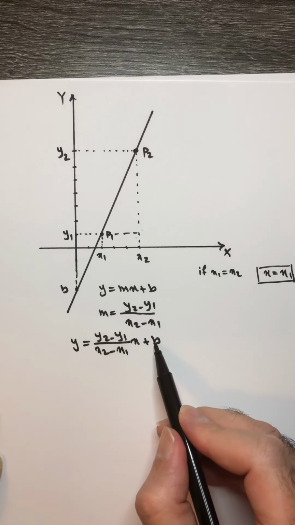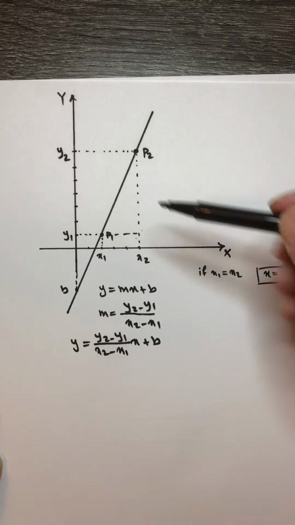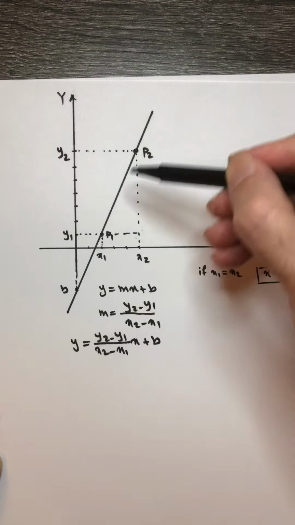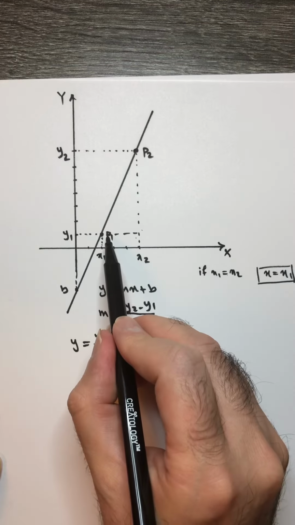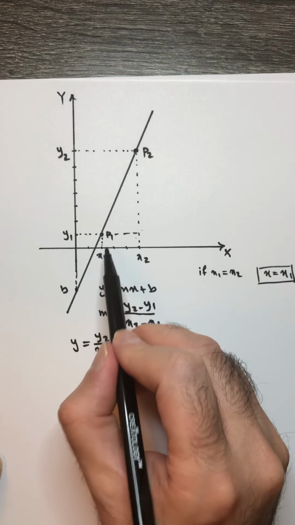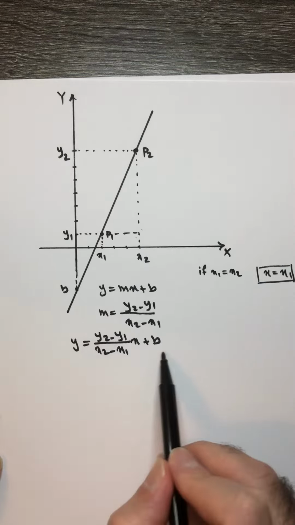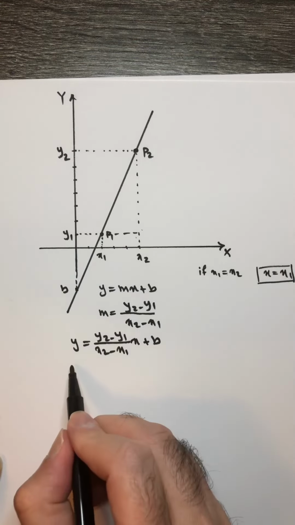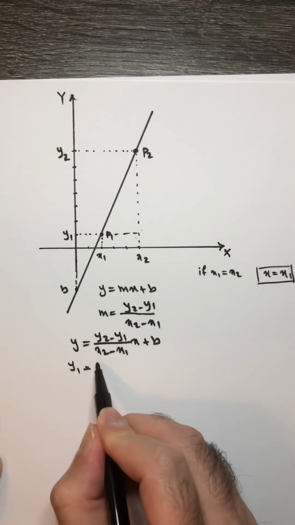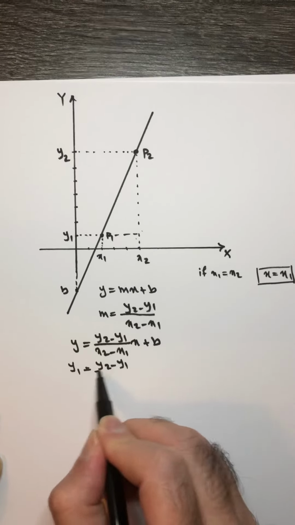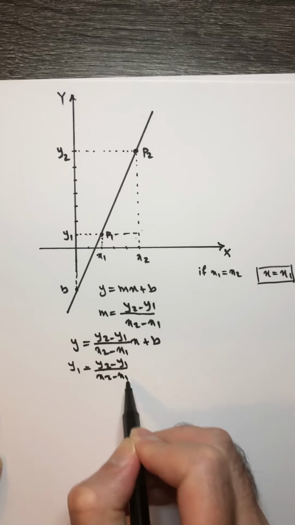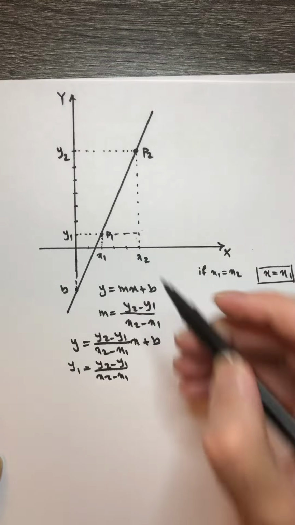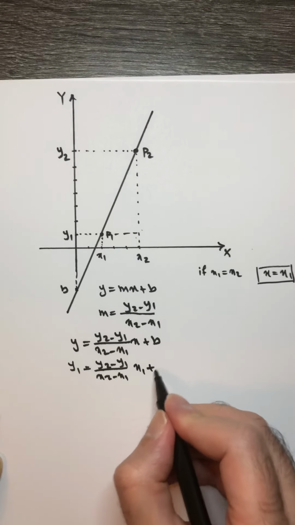Then to find b, we just need to insert the coordinates of one of the points that lie on this line into this equation. For example, if we insert the coordinates of P1, for y, the y-coordinate of P1 is y1. So y1 equals y2 minus y1 over x2 minus x1, this is just m, then for P1, the x-coordinate is x1, plus b.